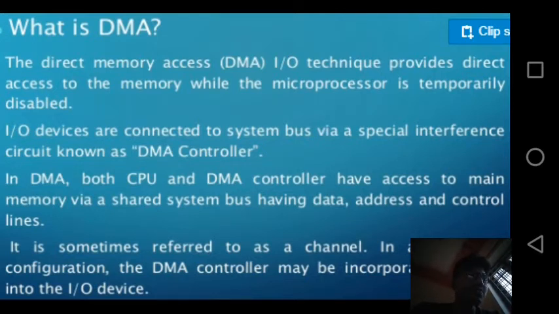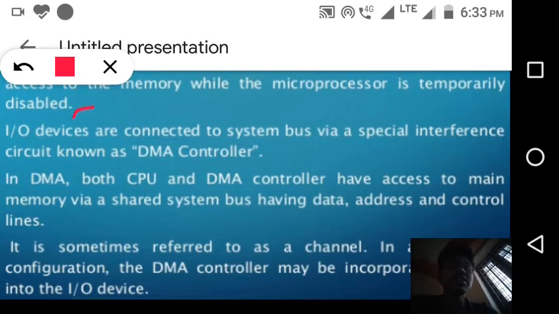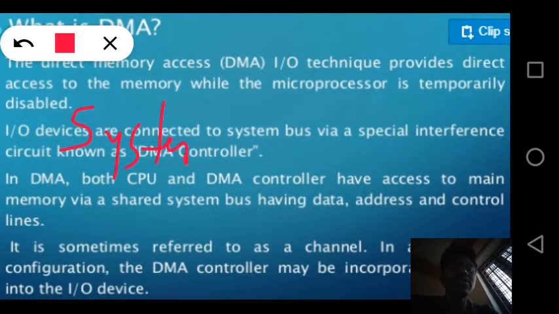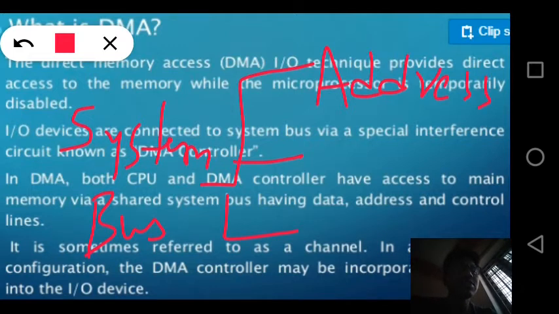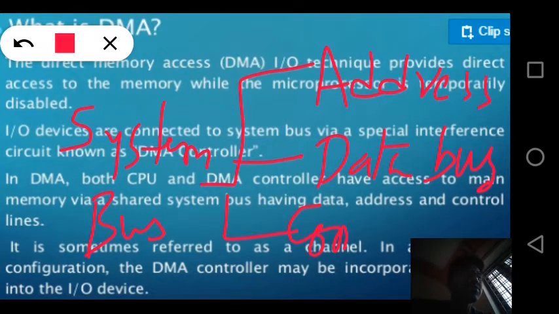In DMA, both the CPU and DMA controller have access to the main memory via a shared system bus, having data, address, and control lines. Remember, whenever I refer to the system bus, it contains three components: address bus, data bus, and control bus.